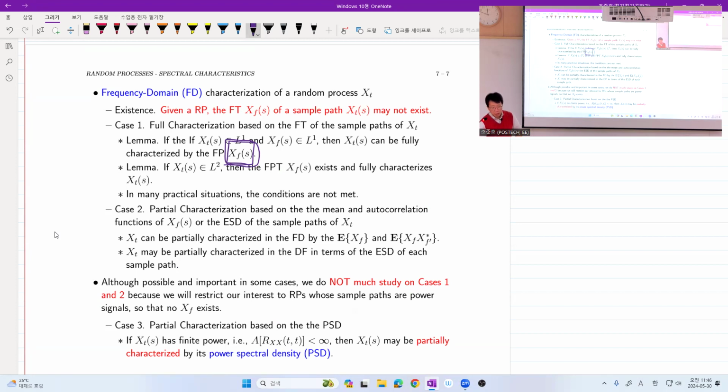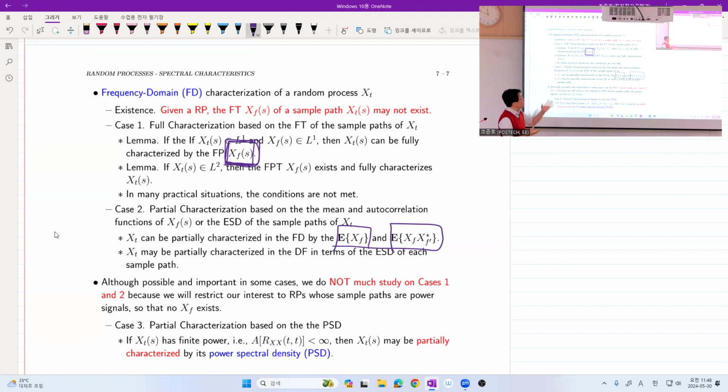Of course, if this exists, then we can do partial characterization by computing some expectation, the mean path of the Fourier transform. We may compute the autocorrelation of the Fourier transform of sample paths, right? No problem if they exist. Unfortunately, existence is not guaranteed in many important applications.